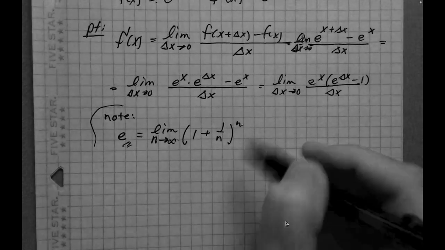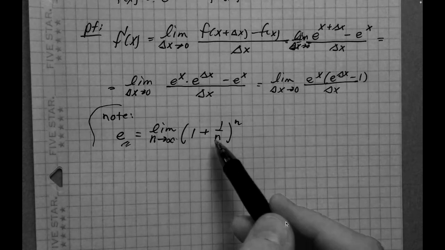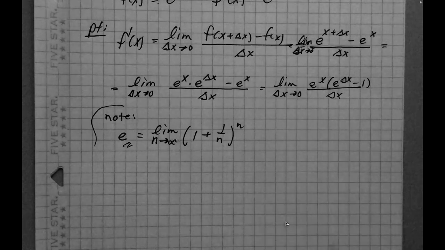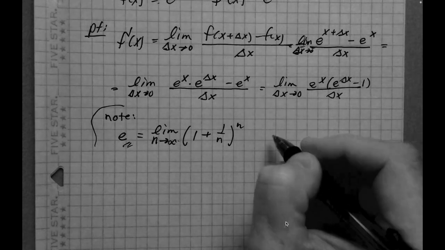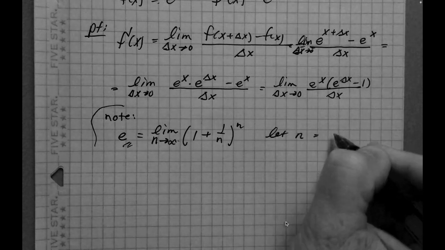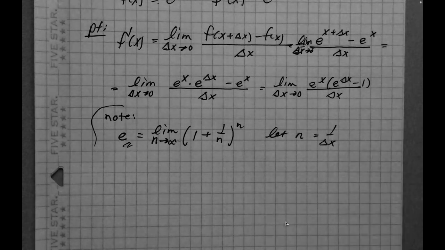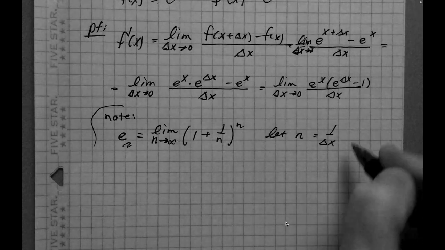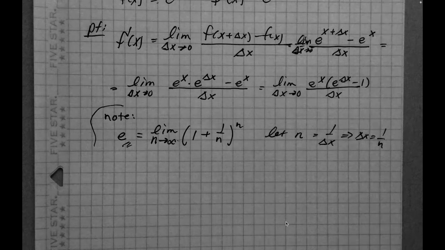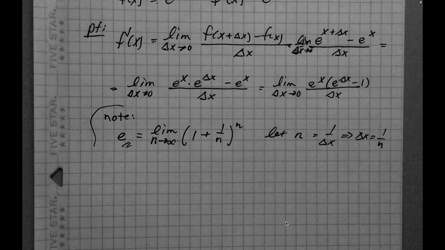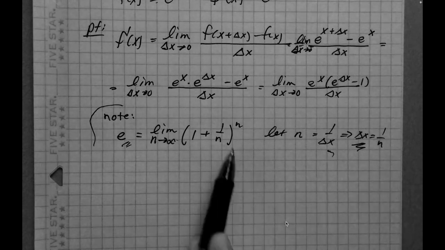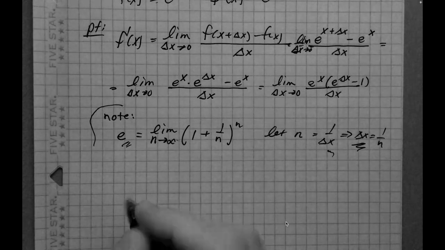Now we're going to use this inside of this expression up here. Let's let n equal 1 over delta x, and then of course that implies that delta x is 1 over n. So those two things are true. So let's plug this delta x notation into this expression and see what we get.